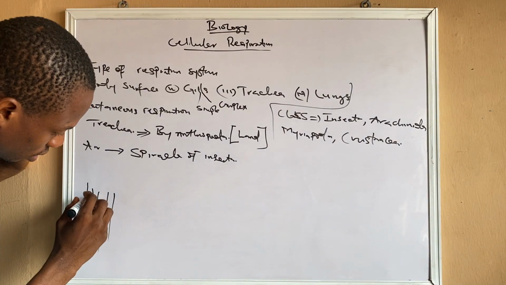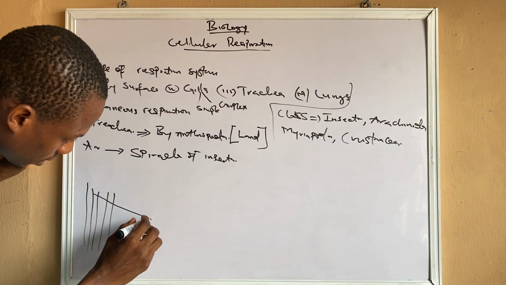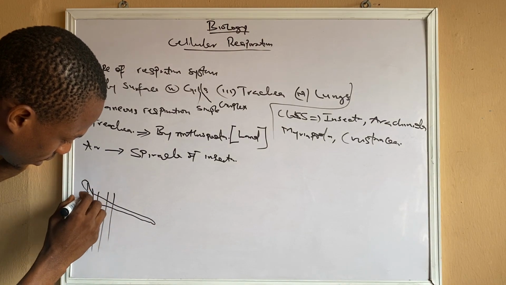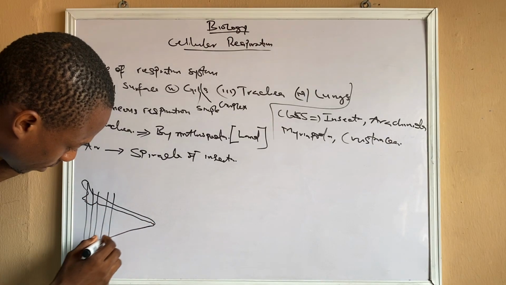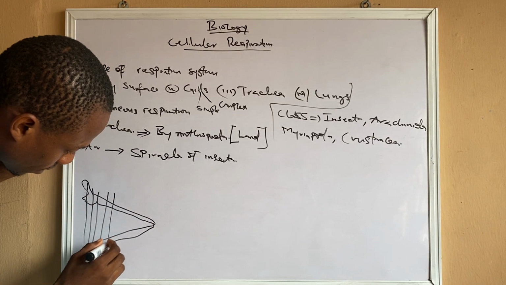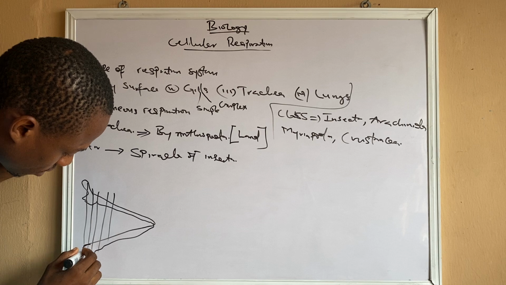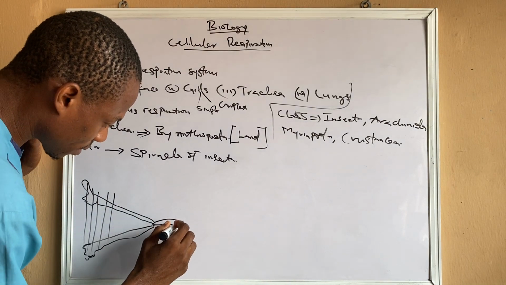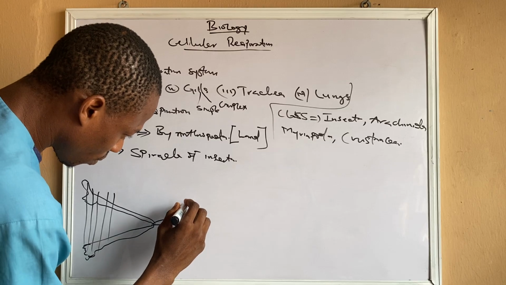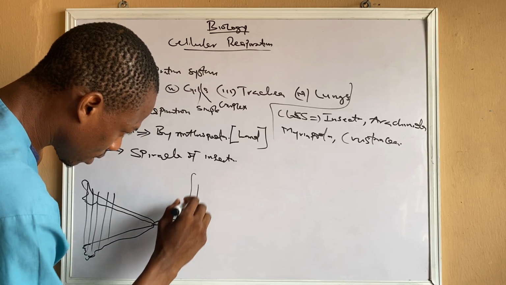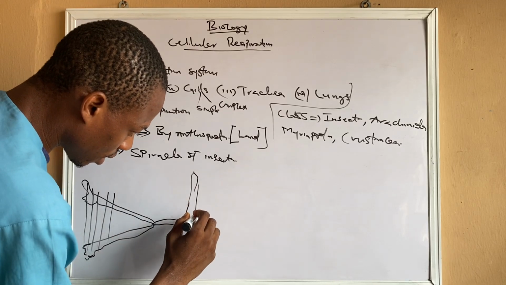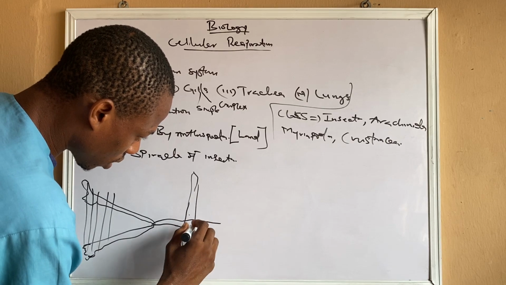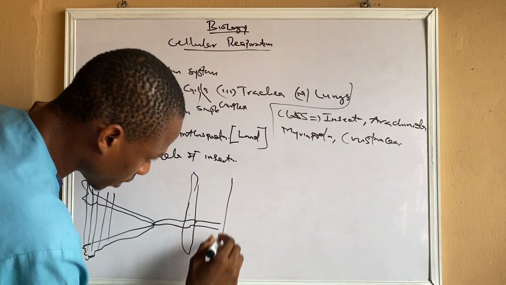Okay, so let's see like this. Let's assume there's a pole like this. Before the pole, there's something like this, and after the pole, there's another something like this, which stands like this.